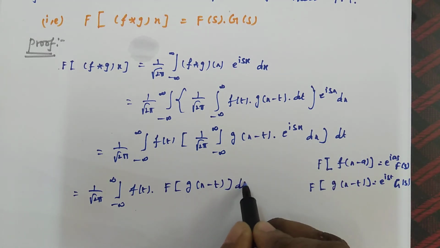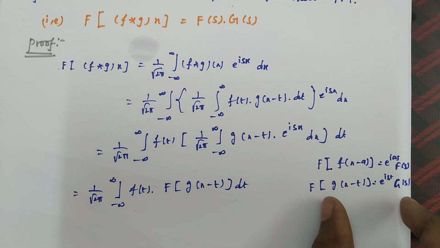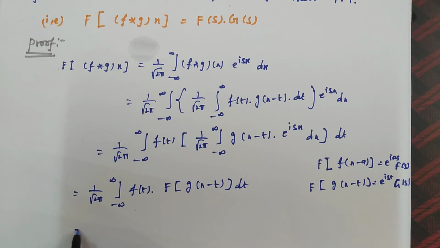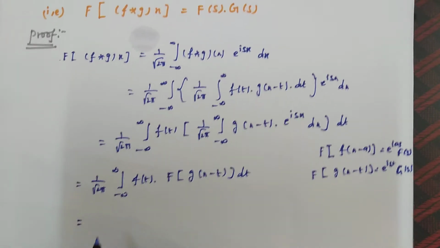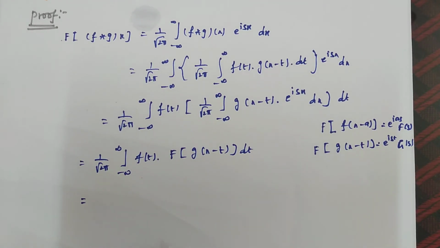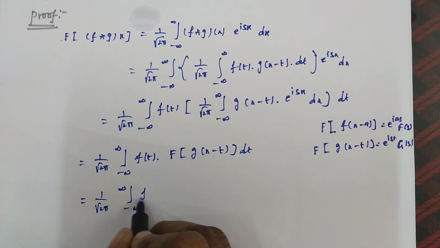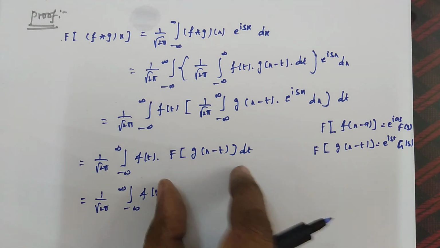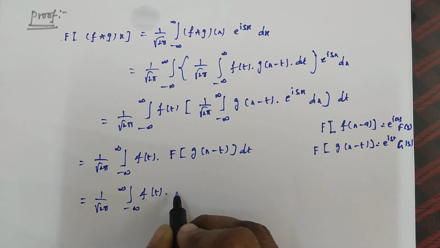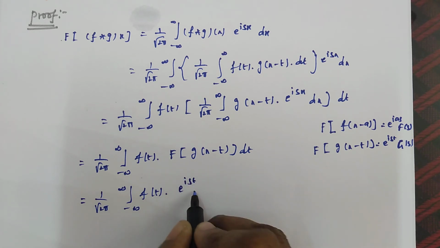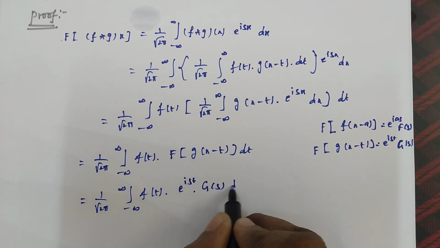Already one dt is there. Now for this place only we are going to apply the shifting property of Fourier transform. So what will happen, 1 by root 2 pi integral minus infinity to plus infinity f of t into, for this the shifting result we have to apply, so e power ist into G of s dt.